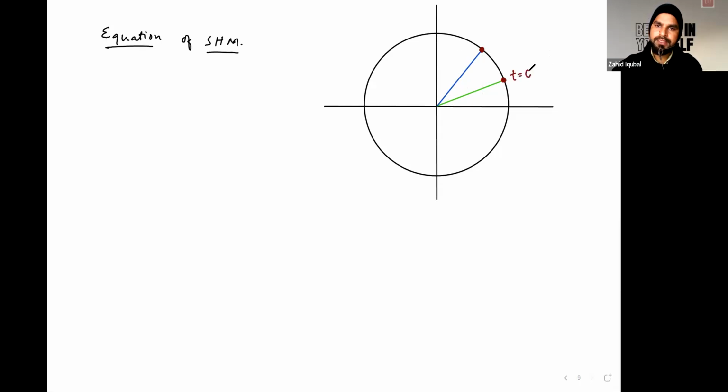So at time t equals 0, it will be at this point. The inclination of this with respect to the x-axis is phi. At some later time, it will be at this point. So it may cover from this point to this point, omega times t, or angle subtended omega times t.